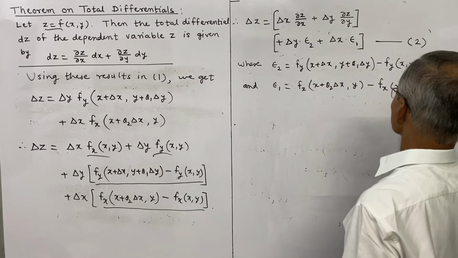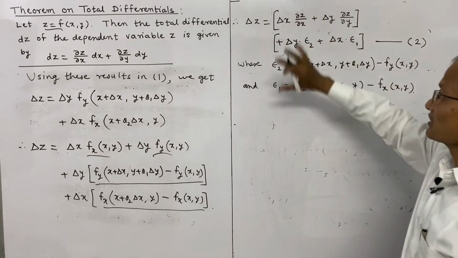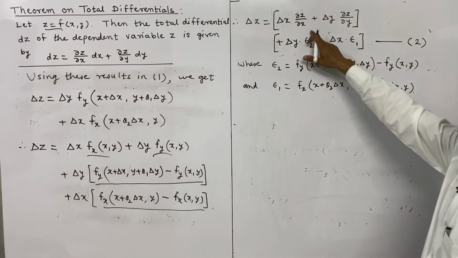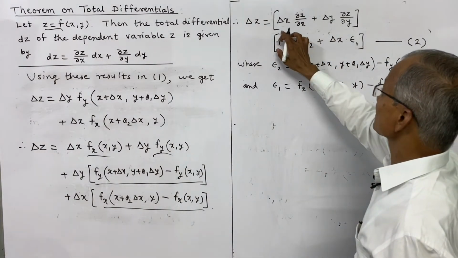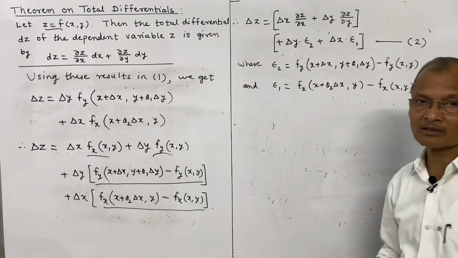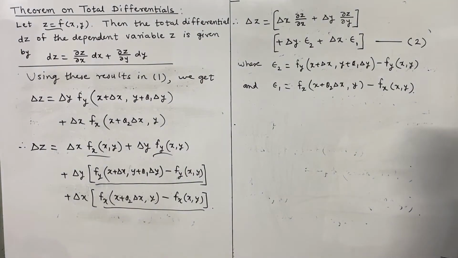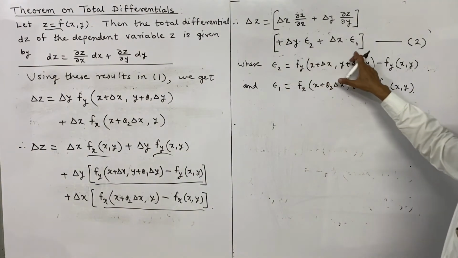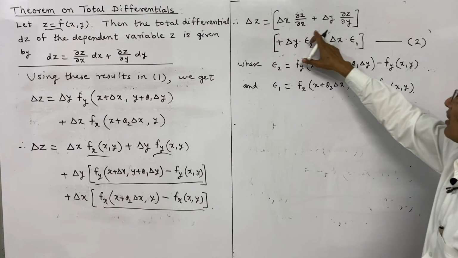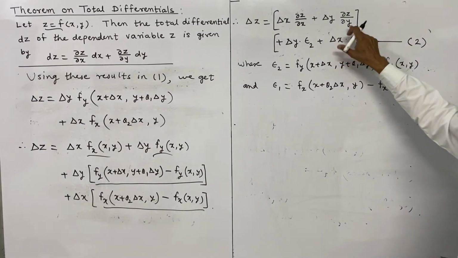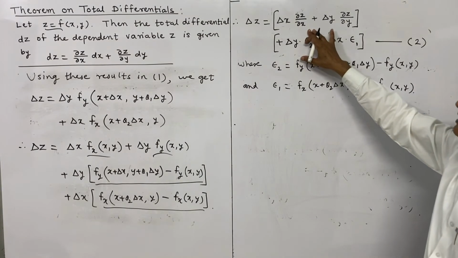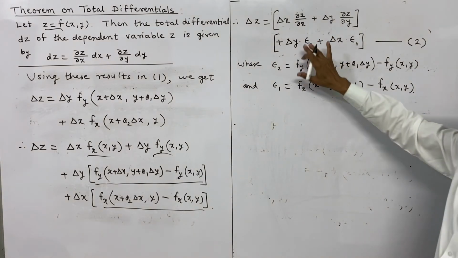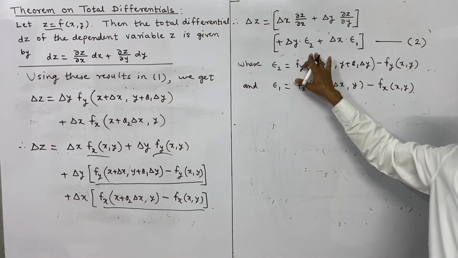Now you see, again the second is expressed in two parts, first bracket and second bracket. The first of this is called the differential of z, and the second is a very small quantity, and this is the major or principal quantity. The first part is the principal part and is known as differential of z, and the second is infinitesimal, meaning very small.